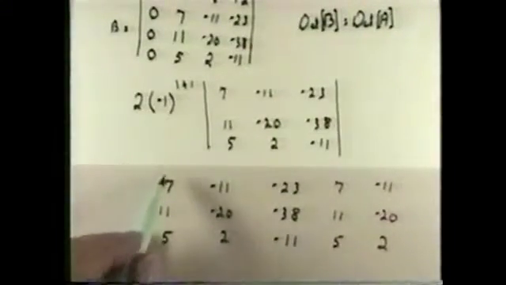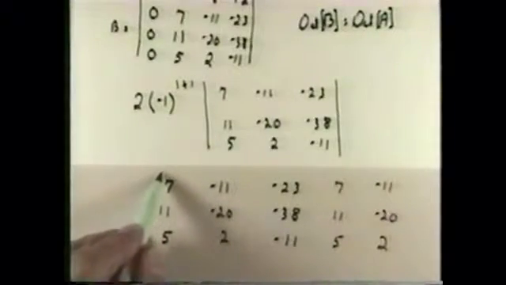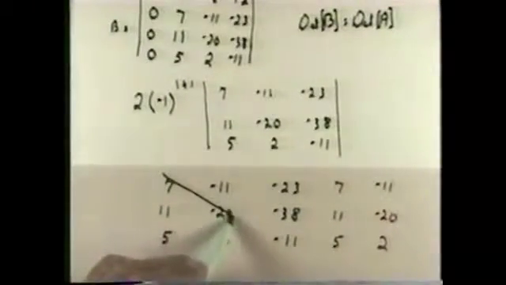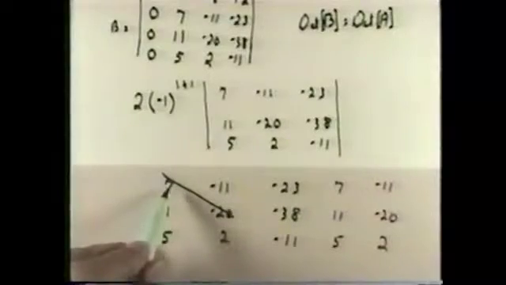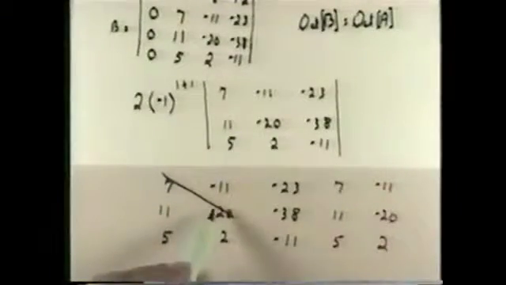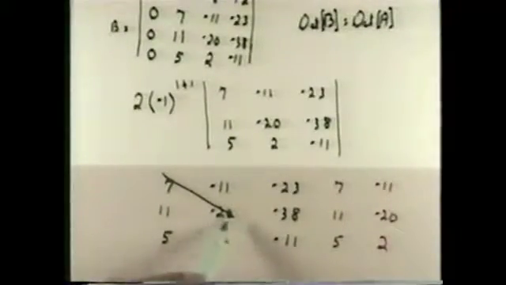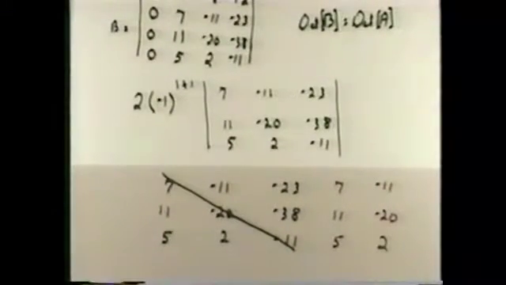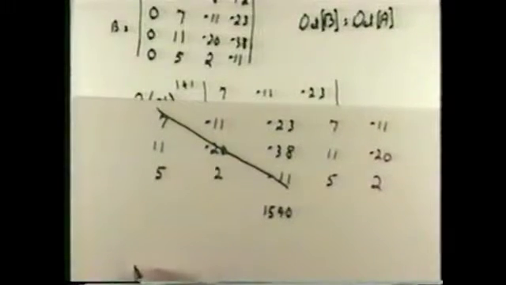Okay, so coming this way, multiplying down, the signs will stay the same. So I need to look at the signs. Negative times negative is positive. 7 times 20 times 11 gives 1540. You can check my work with your calculator.